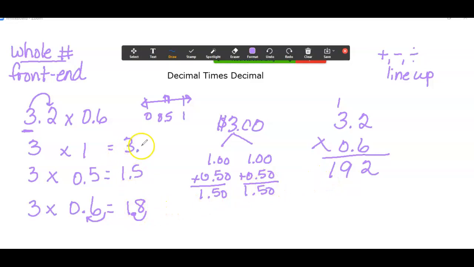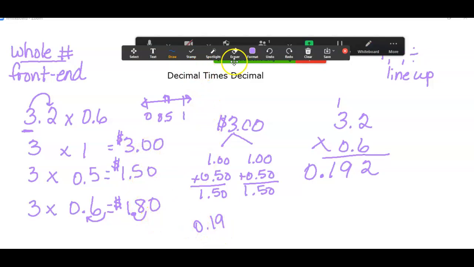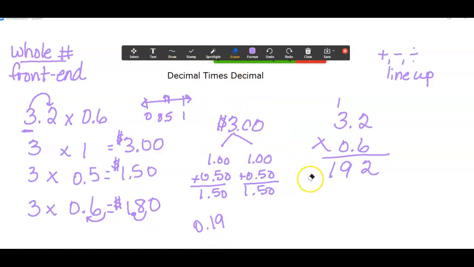If I made these estimates into money, that's what we'd be looking at. $3, $1.50, and $1.80. But if I have a decimal here with a 0, this would be like 19 cents, and that's not close to any of those. So that's just some logical reasoning.